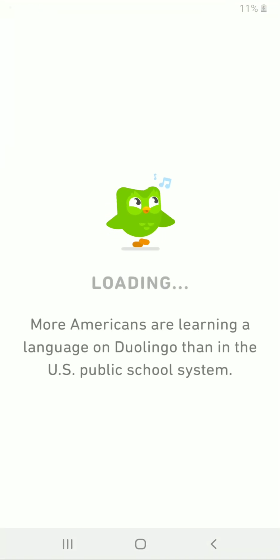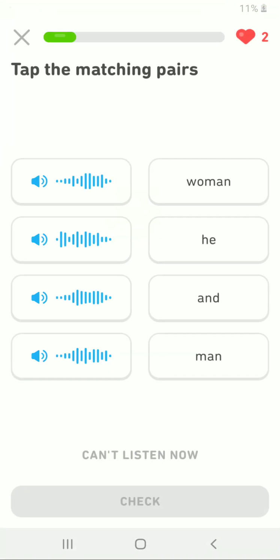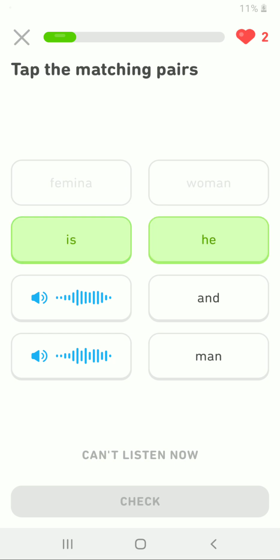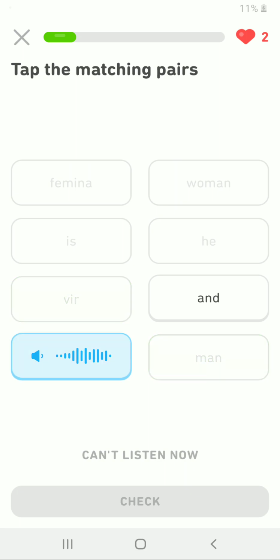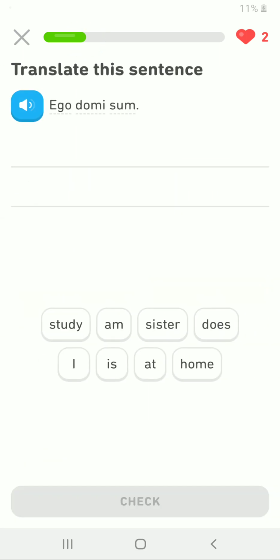We are going to do the third part of this lesson, and we're going to be a little bit faster. Femina. Yes, we know it's she. Vir. We are the man. Et, it's and, of course. Ergo dormi sum.